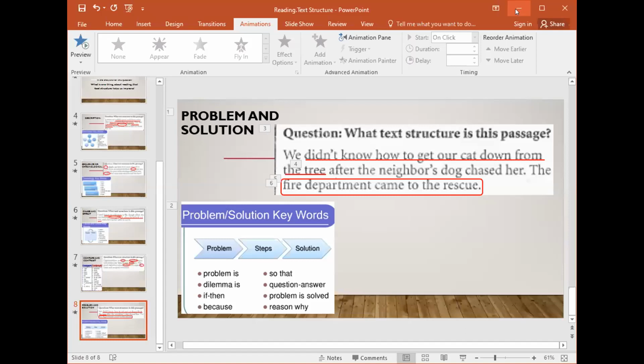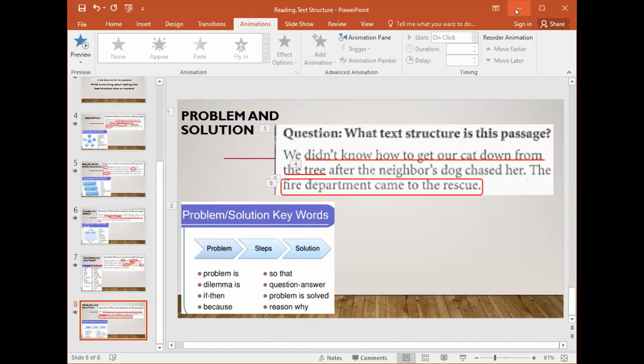So in your worksheet this week, you have a reading worksheet called text structure. So in this text structure worksheet, you will have the anchor chart I just showed you. It will tell you to look for these signal words, but you will not always find them in the story.